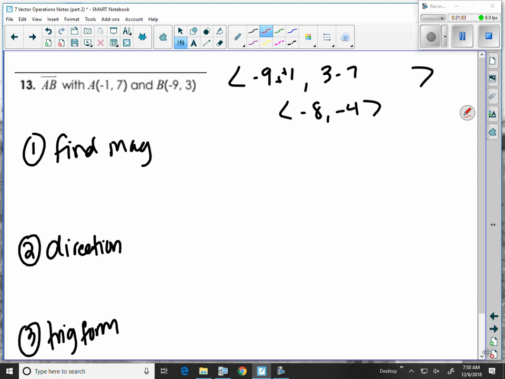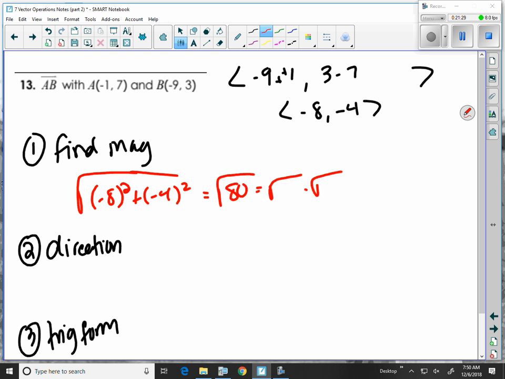So for our magnitude, we have negative 8 squared. Always hope and pray for a nice number, but it doesn't always happen. Nope. You should get the square root of 80 on this one. What's the biggest perfect square that goes into 80? I think 16, and it goes in 5 times.